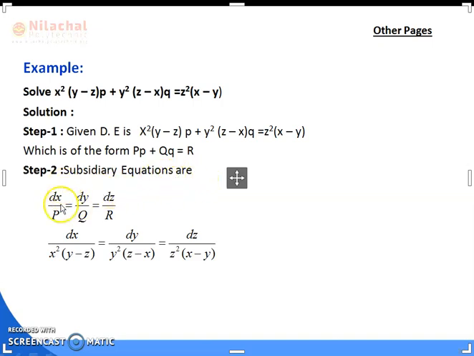That equation is dx by P equal to dy by Q equal to dz by R. So now put the values of P, Q, R, whatever you have obtained from step 1, and write again: dx by x square into y minus z equal to dy by y square into z minus x equal to dz by z square into x minus y.